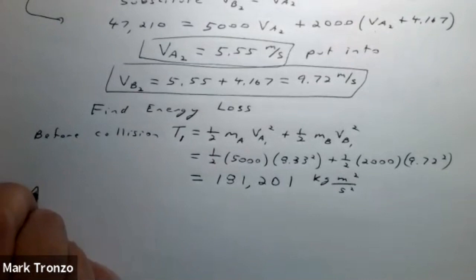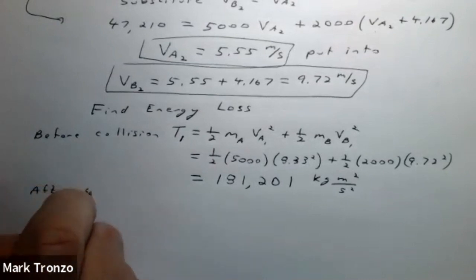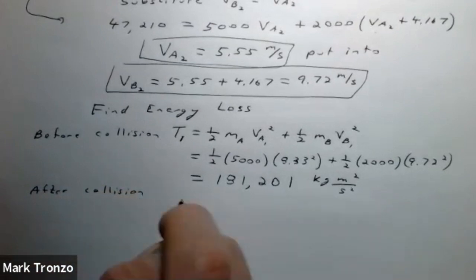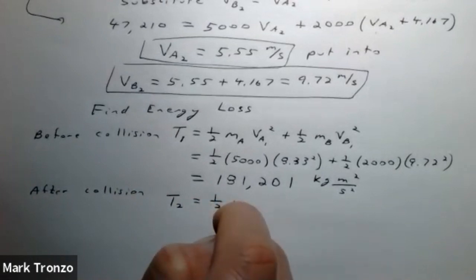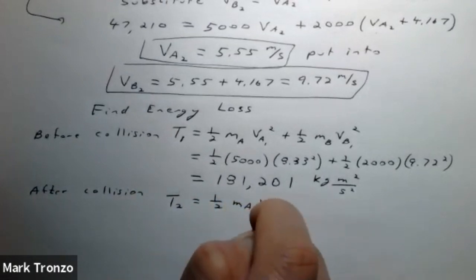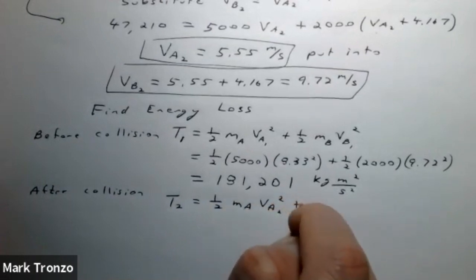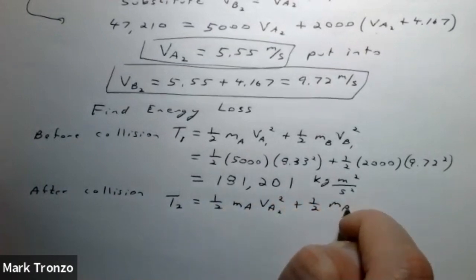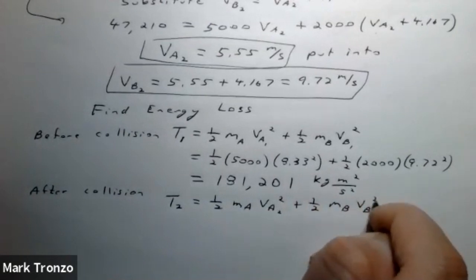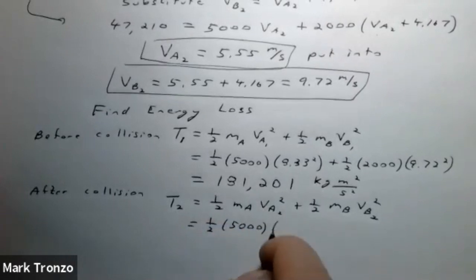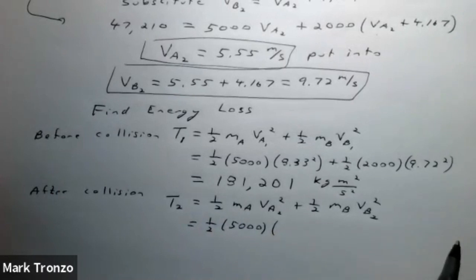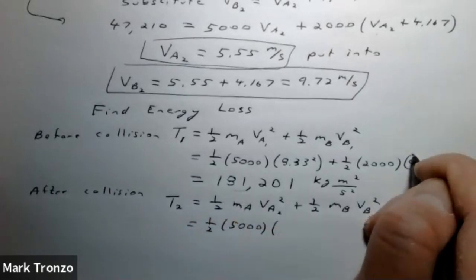So then after collision, we have T2 is 1/2 MA VA2 squared plus 1/2 MB VB2 squared, which equals 1/2, once again, that's 5,000. I made a mistake. By the way, back right up here, this number is correct, but I wrote the wrong number up here.